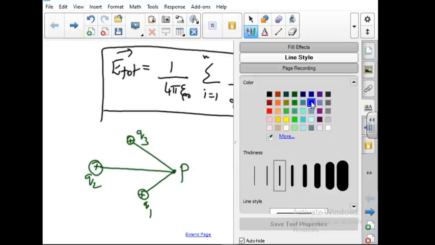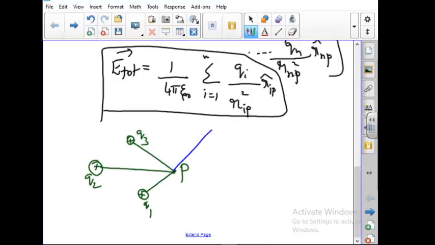So let us take the first charge Q1. It is directed in what direction? It is away. So E1P vector is the electric field due to the first charge, and the length of this line should also be larger because it represents the magnitude of the electric field.